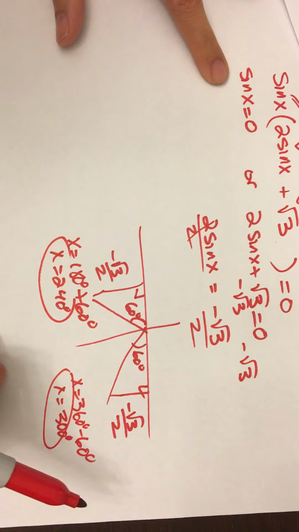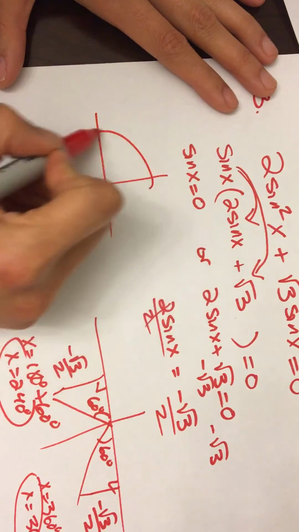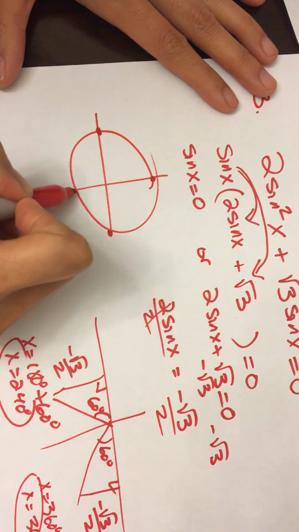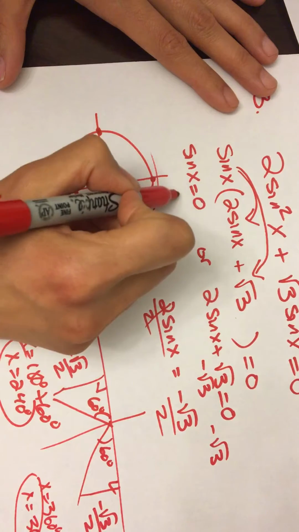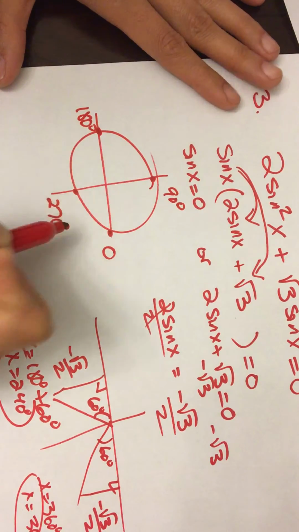Whenever you have cosine or sine equal to 0, you need to use the quadrant angles, okay? So the quadrant angles are the angles at 0, 360, at 90, at 180, and at 270.